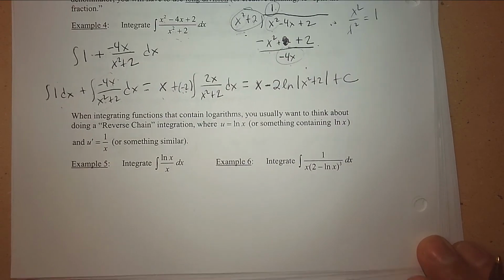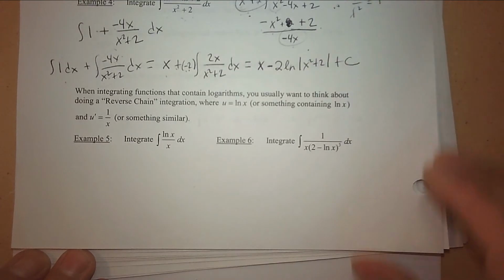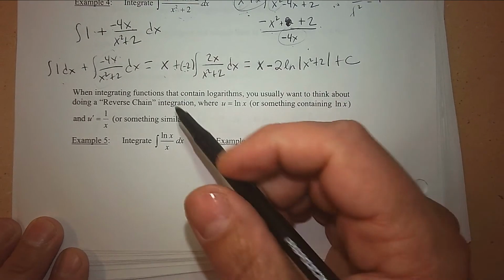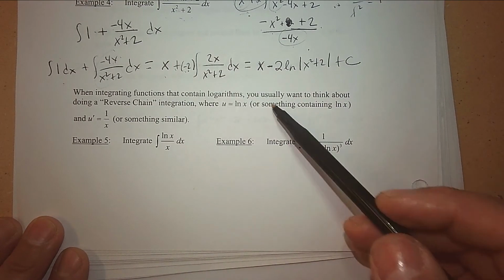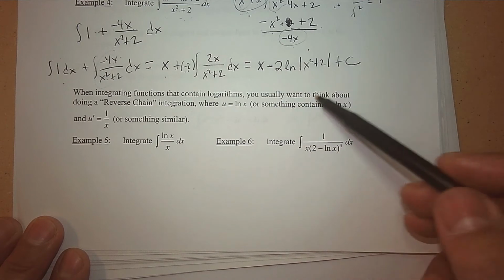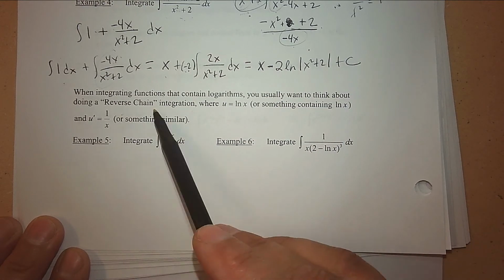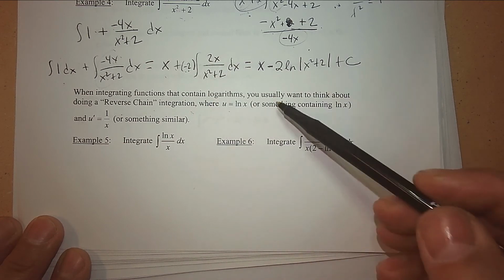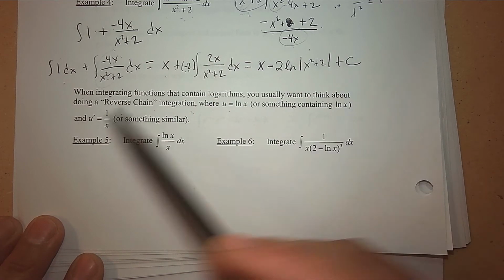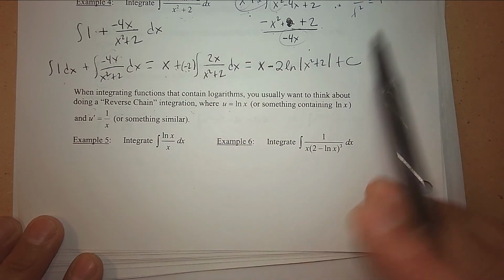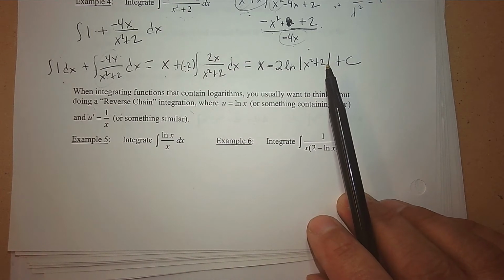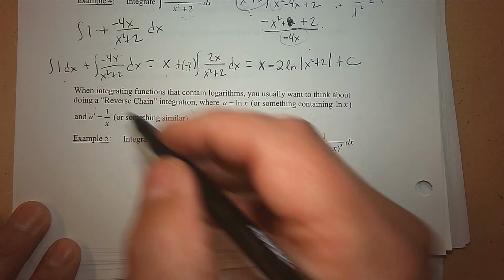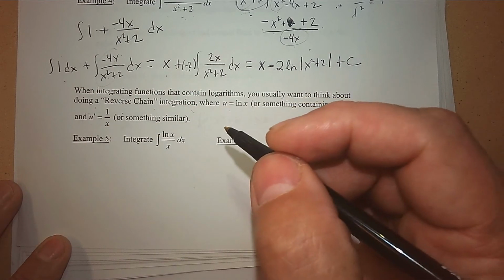All right, example 5. When integrating functions that contain logarithms, you usually want to think about doing a reverse chain integration where u equals ln x or something that contains ln and that the hook is 1 over x. Let's see what that really means so you can understand it.